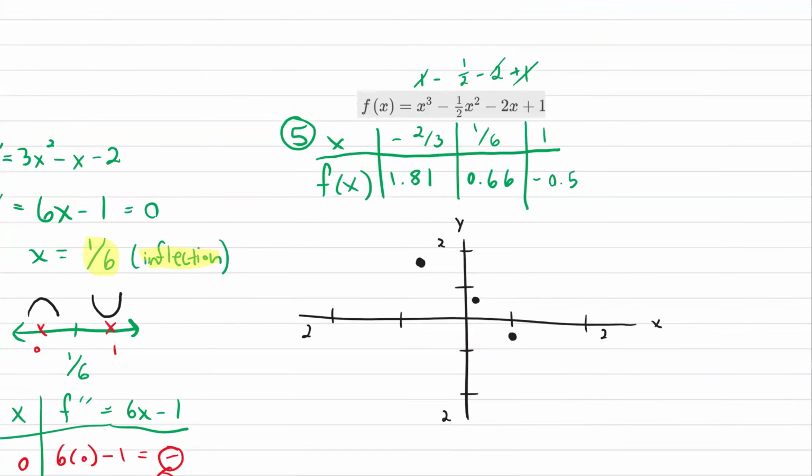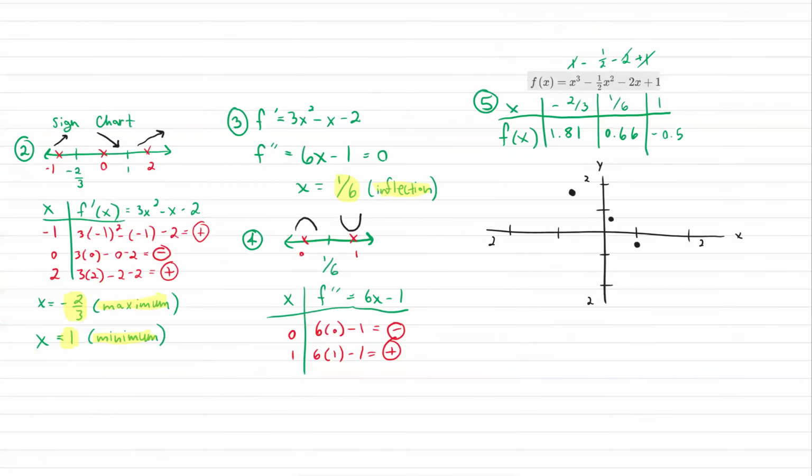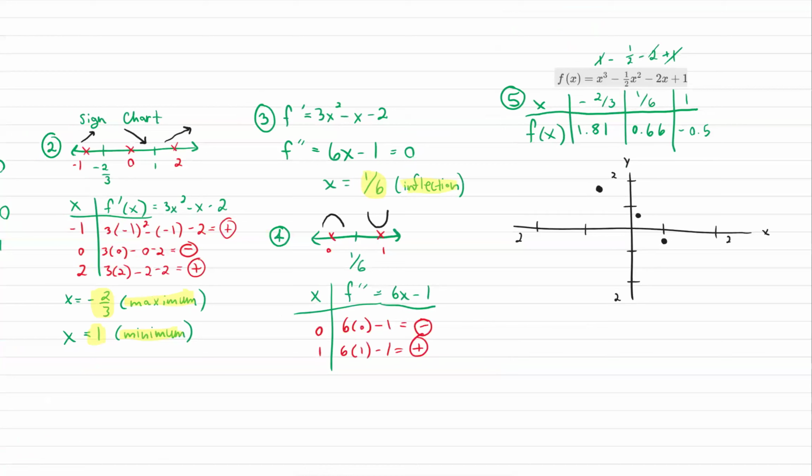And let's recall the information we found from the previous steps, what's happening at all of these. We said the first point was going to be our maximum. So this point is going to be a maximum. And then positive 1 over here is a minimum. And then we also know that any region that comes before that positive 1/6, which means this whole region here, will have this shape of concave down, whereas everything to the right of 1/6, from here to the right, is concave up shape.